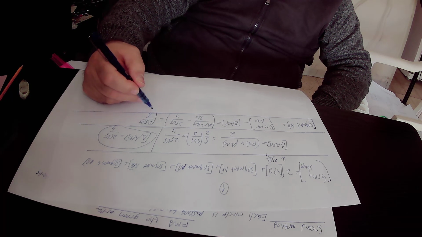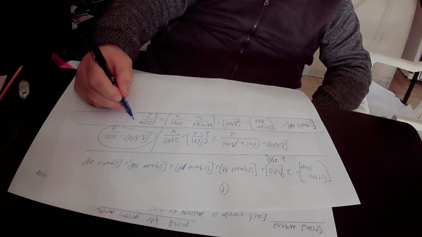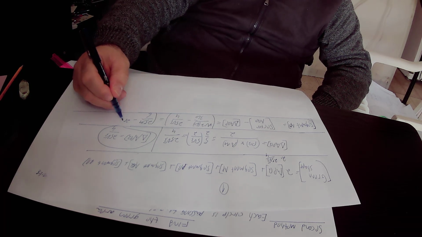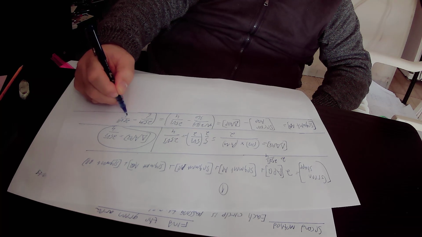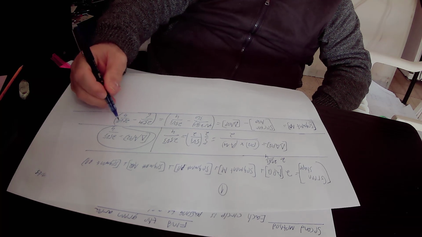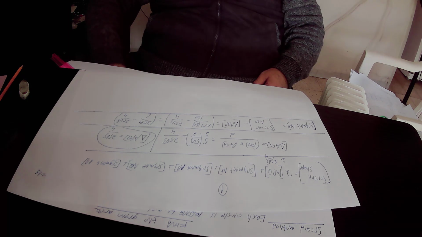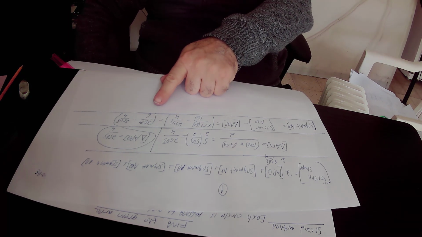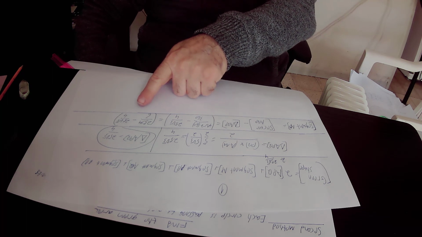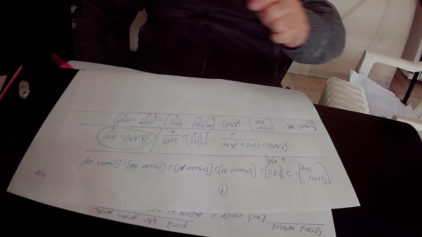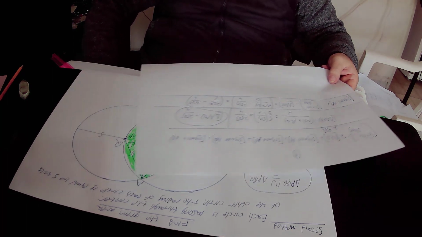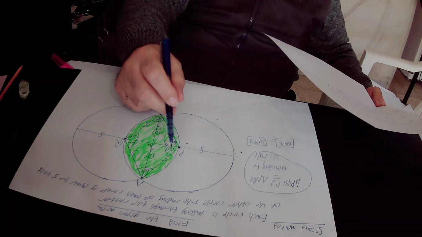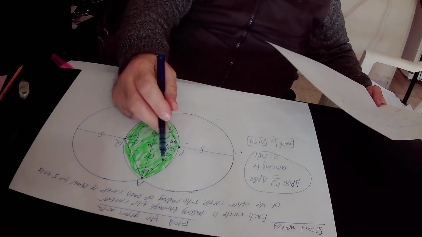So it is 25 pi over 6 minus 25 times square root of 3 over 4 square units. So we found out that the area of segment AP equals 25 pi over 6 minus 25 times square root of 3 over 4 square units.